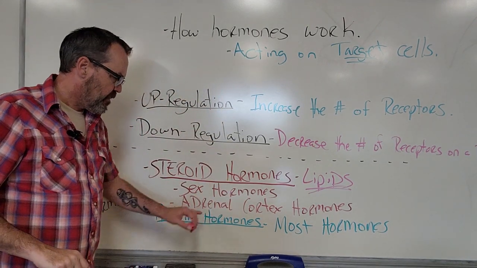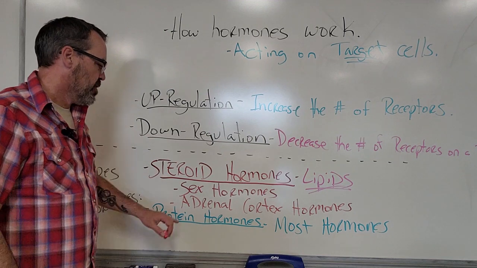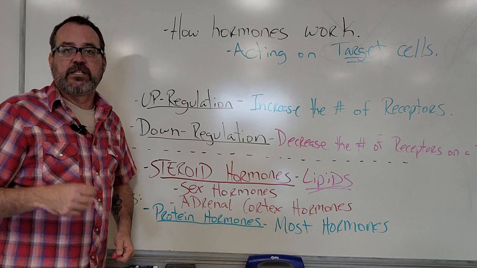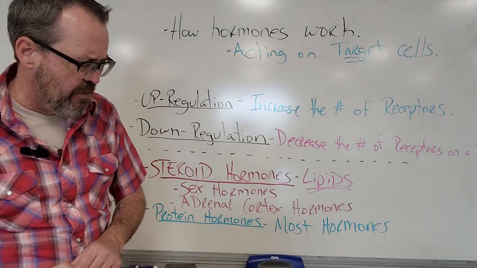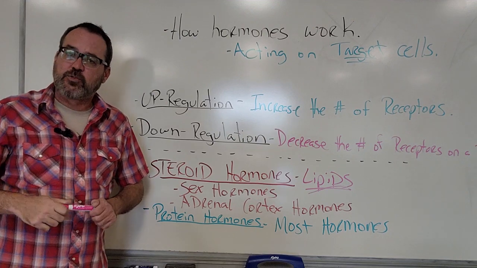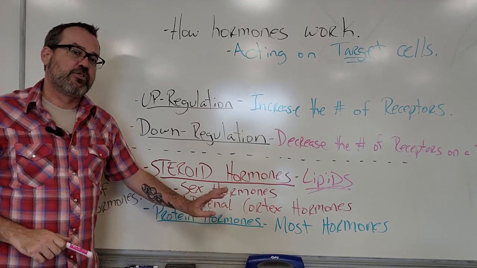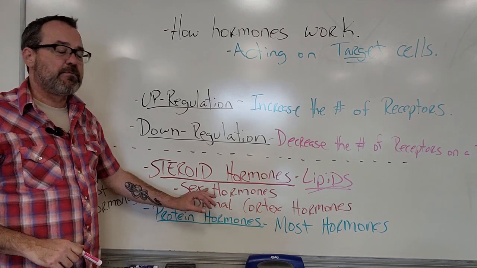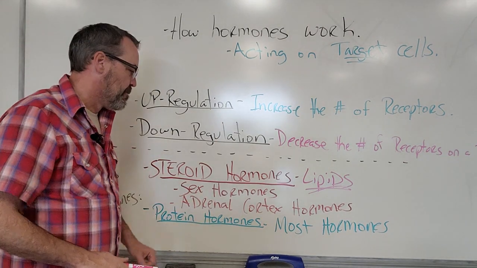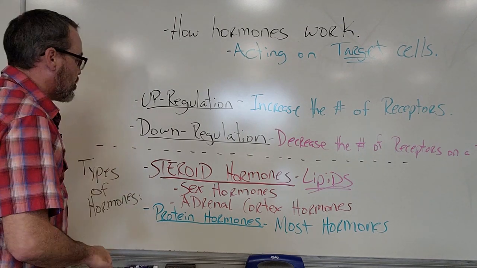Or we can divide them in the other category, which is protein hormones. And this is the ones that we're more familiar with. We've been looking at proteins for a long time. They're making an appearance here in hormones as well. Most of our hormones are actually protein hormones. Just my sex hormones and the hormones of my adrenal cortex specifically are going to be classified under steroid hormones.